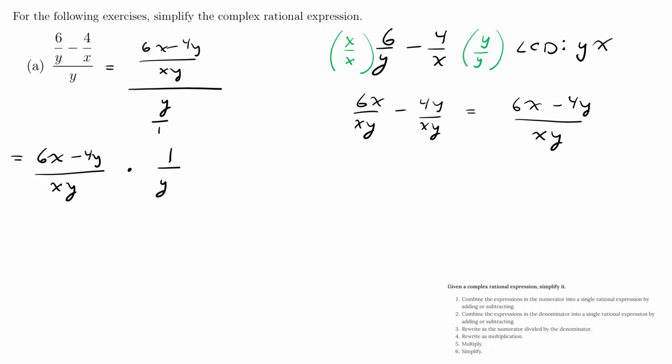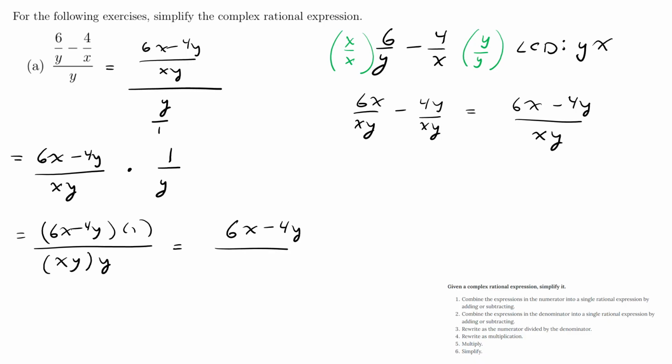Okay? And so then I can simplify this. I just multiply straight across. This is going to give me 6x minus 4y divided by xy squared. So again, we just simplify the numerator, simplify the denominator, flip, and multiply.